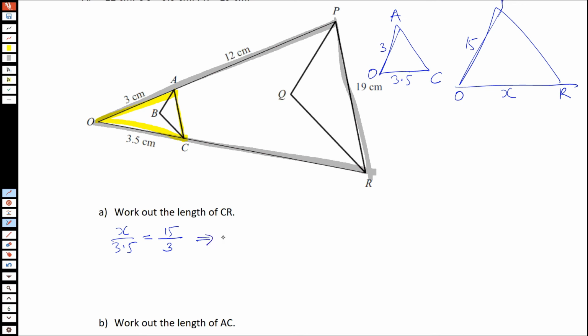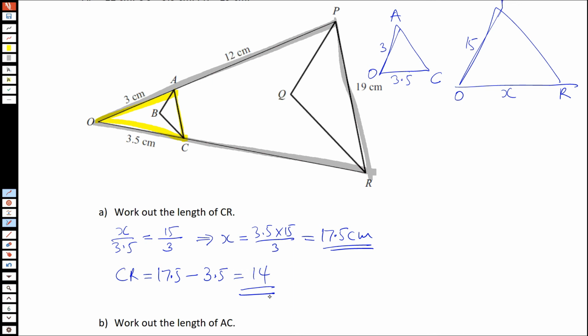So this implies that X will be equal to 3.5 multiplied by 15 over 3, and that should be equal to 17.5 centimeters. So the length from here to here is 17.5, which means that CR will be 17.5 minus 3.5, and that will be equal to 14.